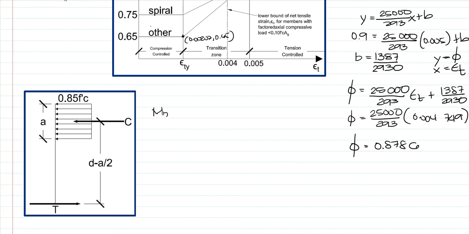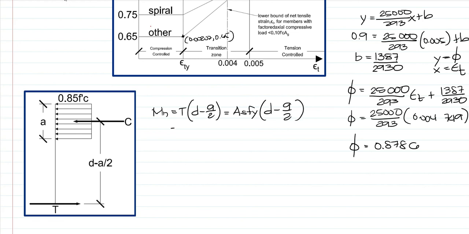Hindi pa siya yung ultimate. So, that will be equivalent now to, so sa tension tayo, times yung moment arm na d minus a over 2. So, sa tension force natin, syempre, that is the As. And ang gagamitin nating stress is yung Fy. Kasi na-prove natin that steels are yielding. So, that will be times d minus a over 2.